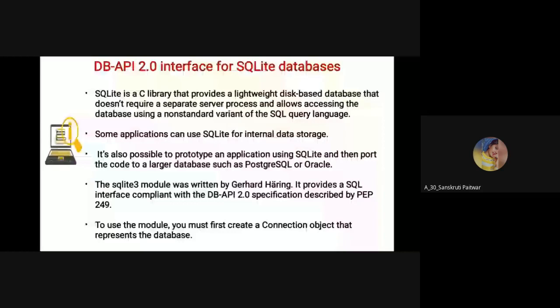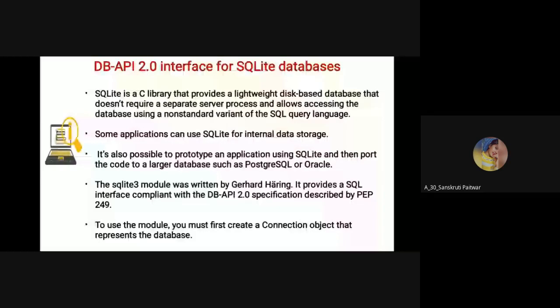This sqlite3 module was added in Python after Python 3.5. So if you are using a current version like Python 3.8 or 3.9, then it is an inbuilt module present in Python. So you don't need to download or install the sqlite3 module while connecting with an SQLite database.